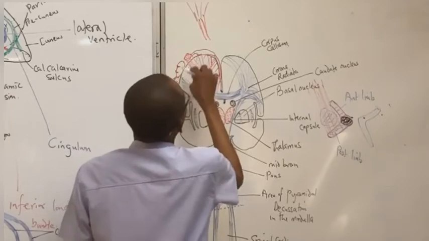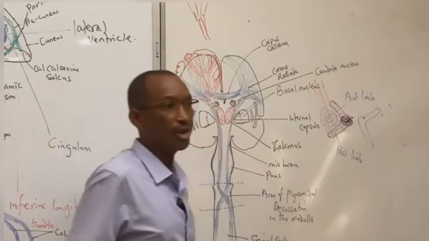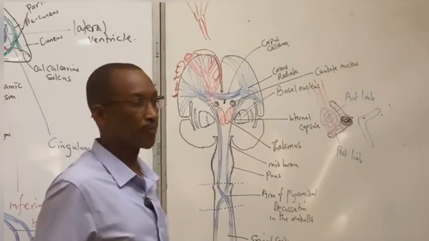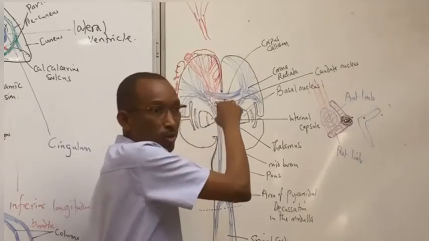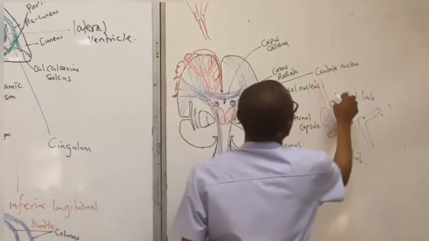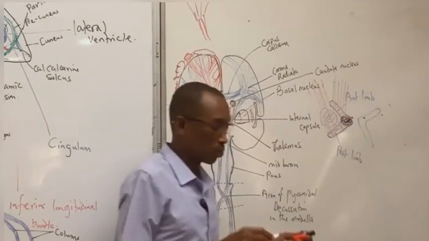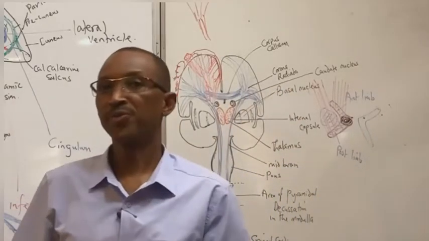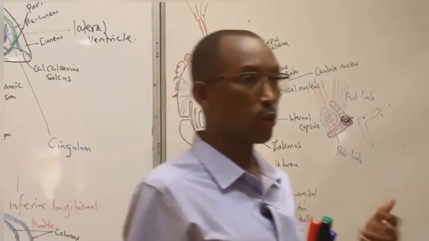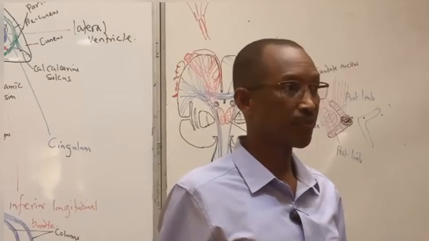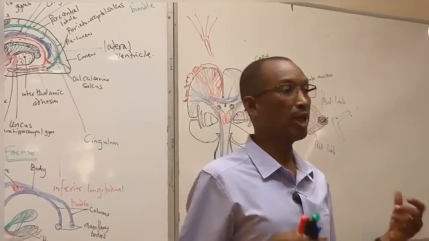And those fibers from the face pass in the genu of the internal capsule, while those fibers from the other areas of the cortex pass into the anterior limb. So that means virtually all the different parts of the body concerned with motor activity pass through the posterior limb and the genu.